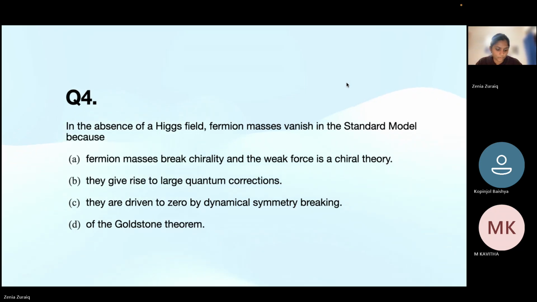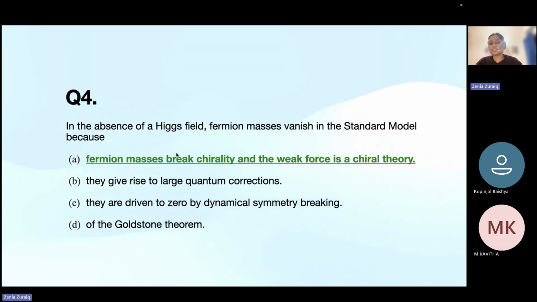Okay, I'll just go to the answers. The answer is that, as we discussed, the weak force is a chiral theory in the sense that it only acts on the left-handed particles. It has a very strict chirality, right?